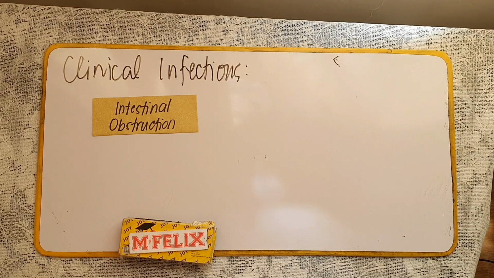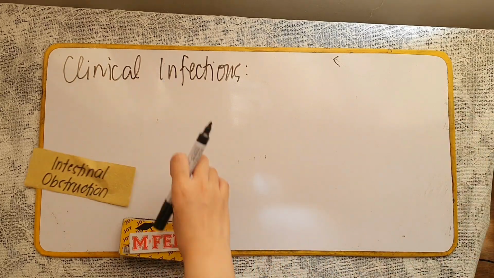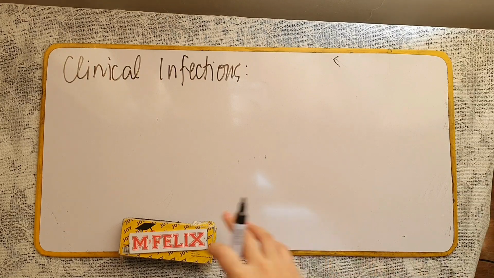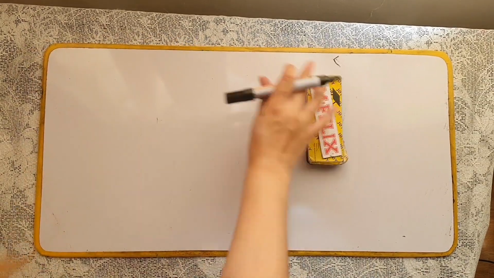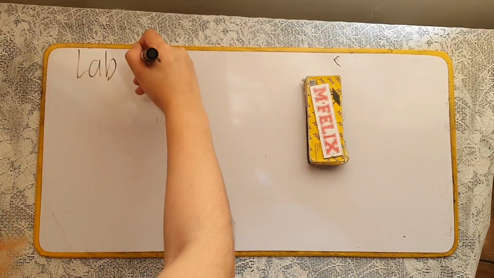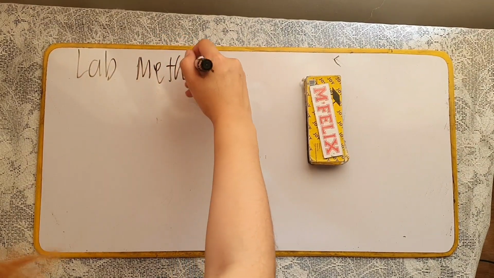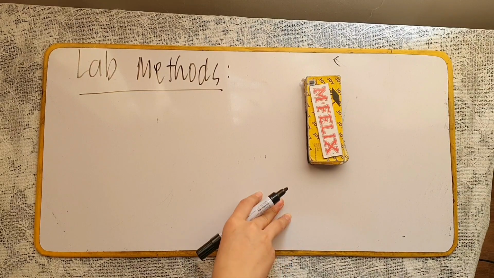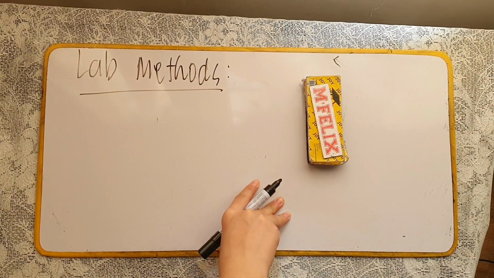Now, let us go over the laboratory diagnosis of Fasciolopsis buski. What are the lab methods we can use? The diagnosis is made by detection of parasite eggs.